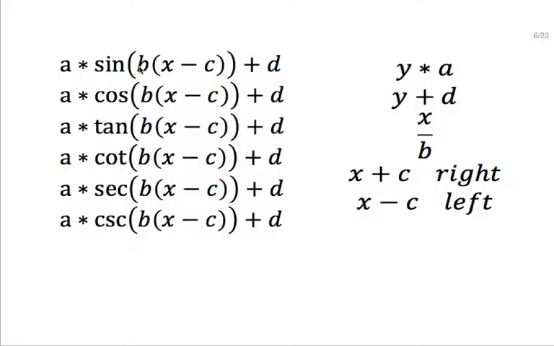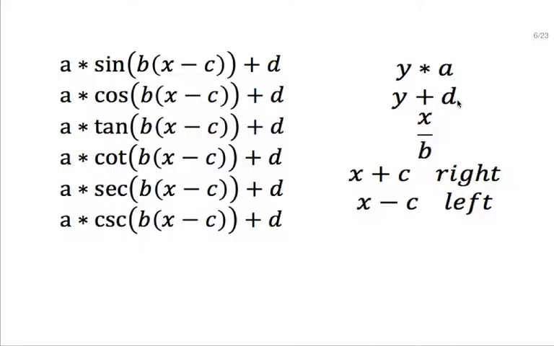And the way these values affect your graph is all the same no matter what type of equation it is. So whatever your key points are, and we'll go over some key points for our tangent and secant function today, those key points are going to be: if you have an a value, you'll multiply each of the y values for your key points by whatever your a value is, and that's where the new transformed point is.